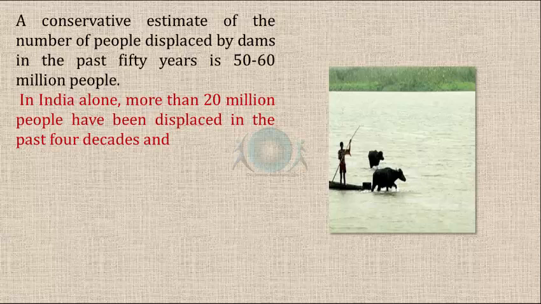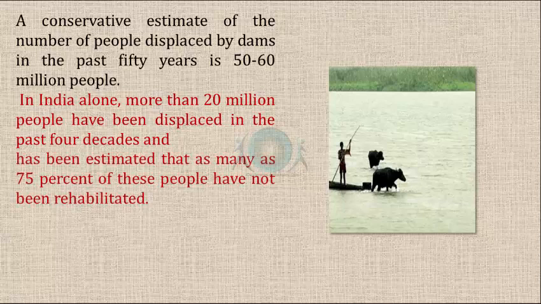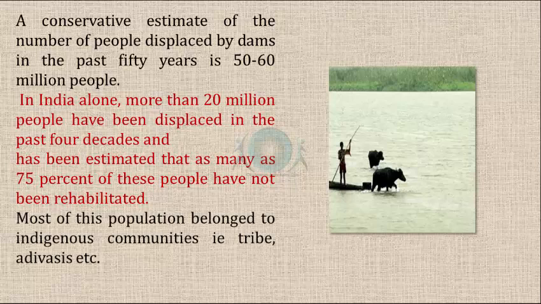In India alone, more than 20 million people are supposed to have been displaced in the past 4 decades, and it has been estimated that as many as 75% of these people have not been rehabilitated. Most of this population belongs to indigenous communities like tribes, Adivasis, etc.